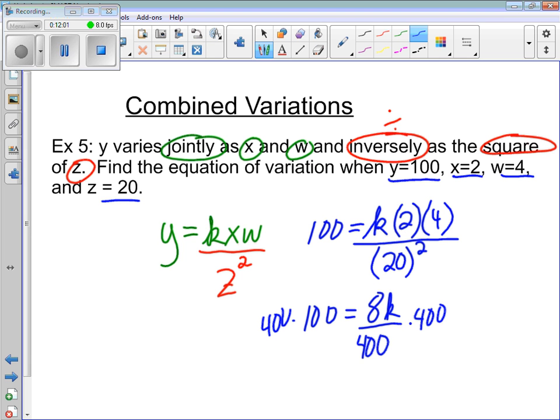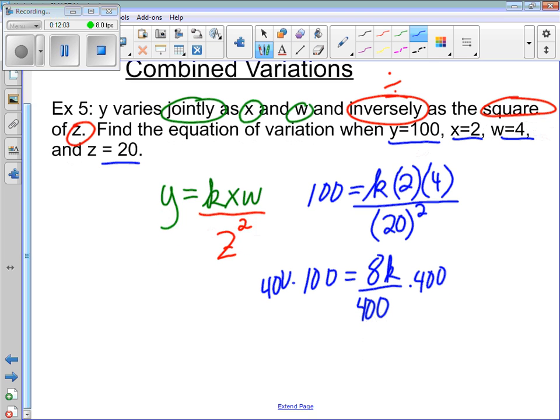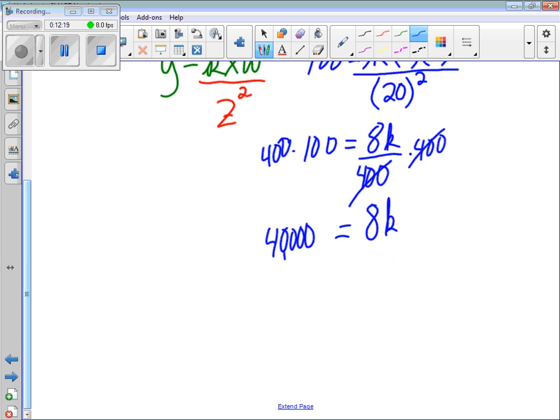And simplify. 8K equals, not a very nice zero, 40,000. And then you divide by 8. Divide by 8. 8K equals 5,000. K is going to equal 5,000.